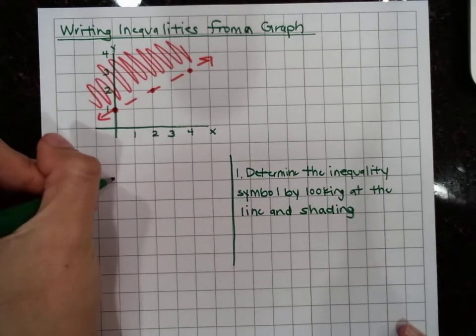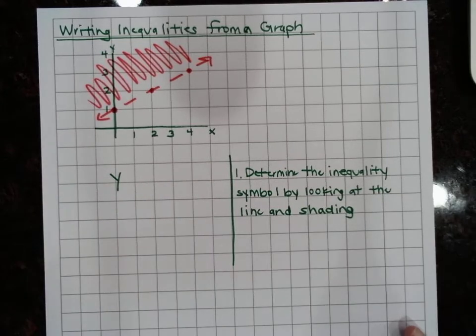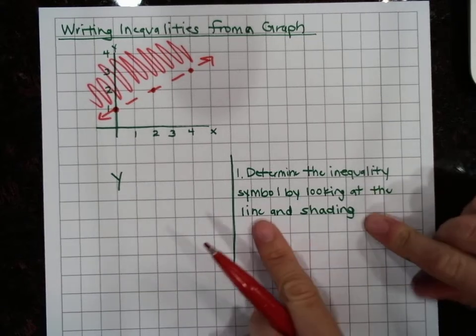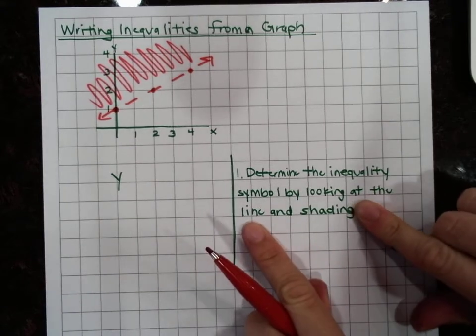Okay, so we know it's y, but we need to determine if y is greater than, less than, greater than or equal to, or less than or equal to. So let's look at the line first.